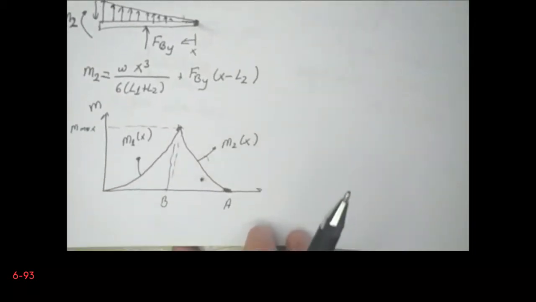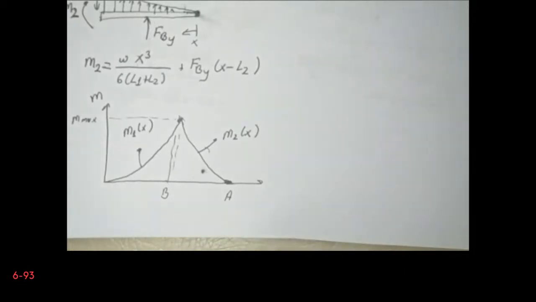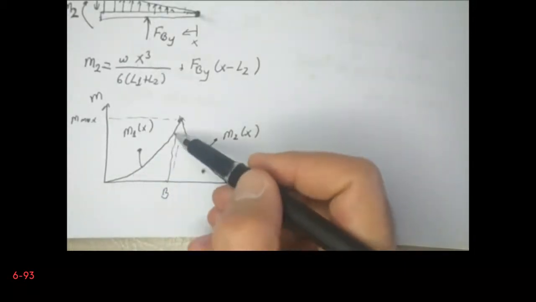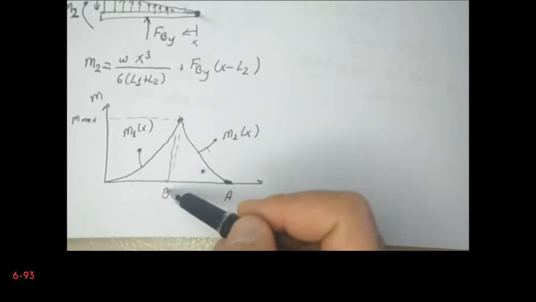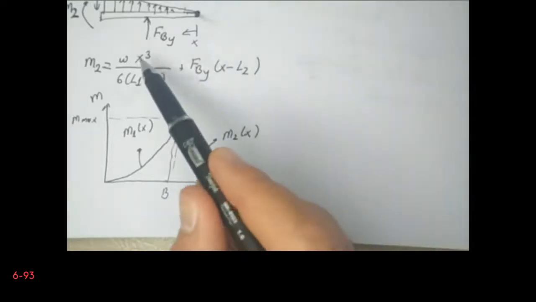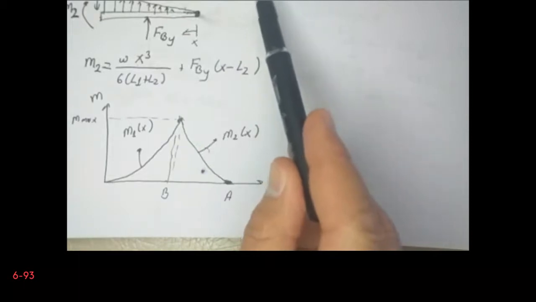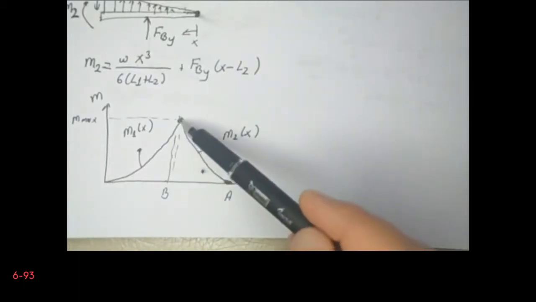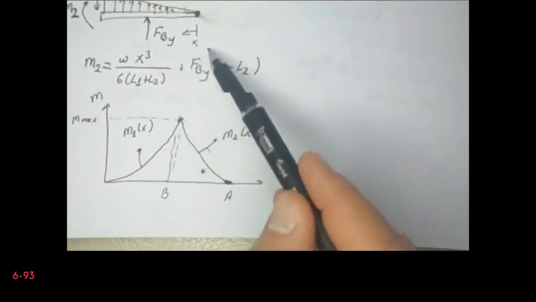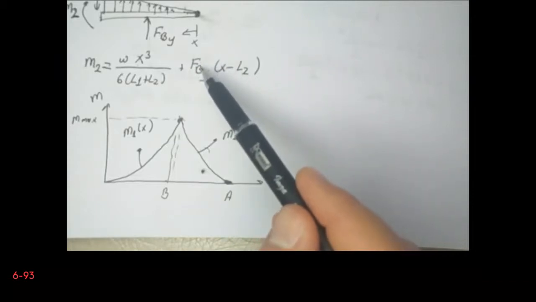If you draw this function, this is m1x again. Until B, m1x will act again, and from B the contribution of the FBY begins to come into play.